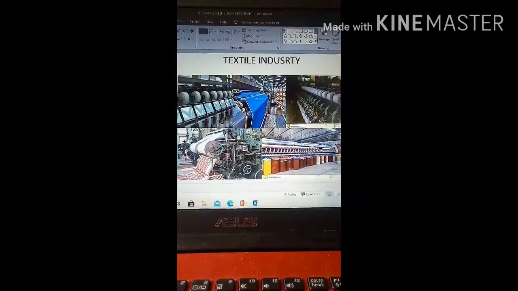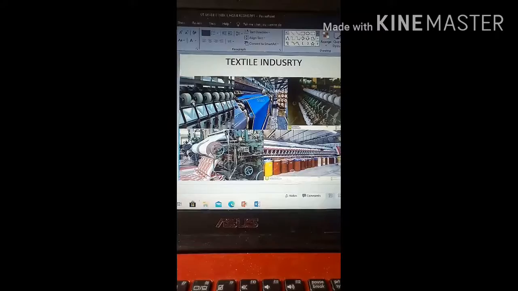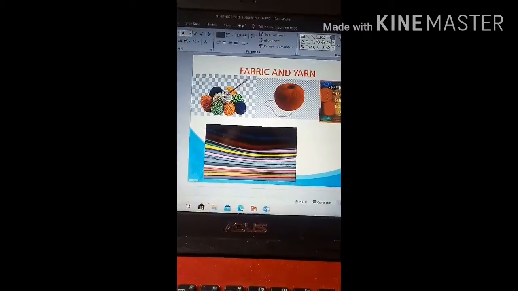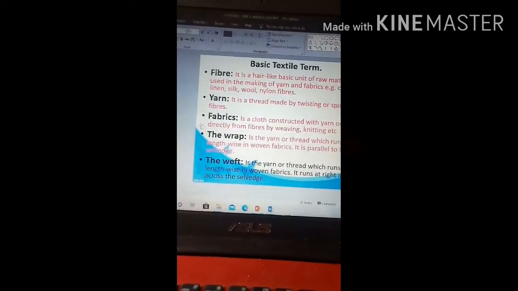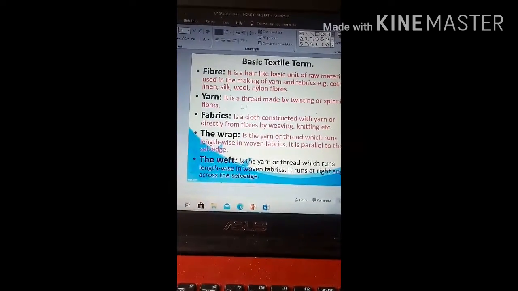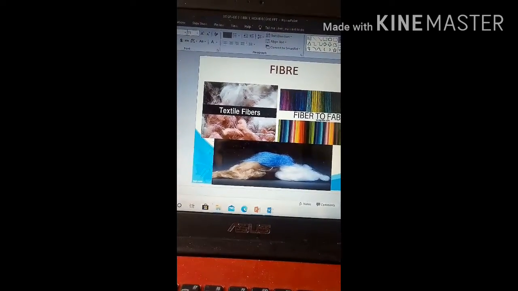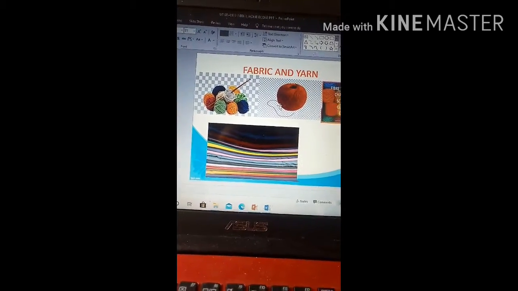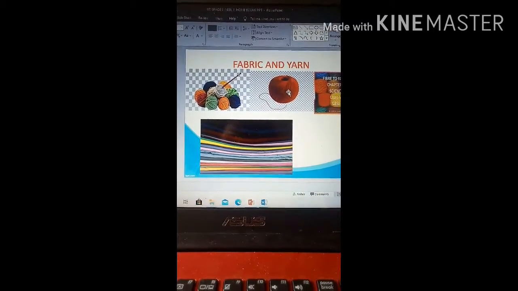You spin the fiber, then you can make yarn. This is raw fiber. Then this is yarn. So when you twist or spin raw fiber, you get yarn.